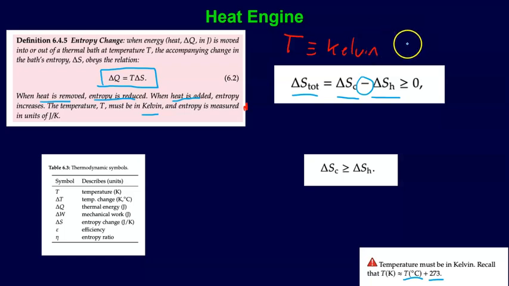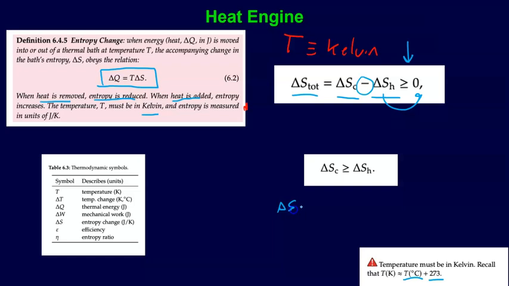And according to the second law of thermodynamics, the total entropy change has to be greater than or equal to 0. If I bring this term to the other side, I get this relationship: delta S_C is greater than or equal to negative delta S_H.